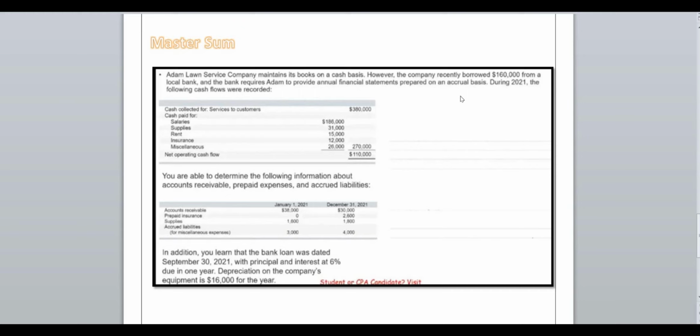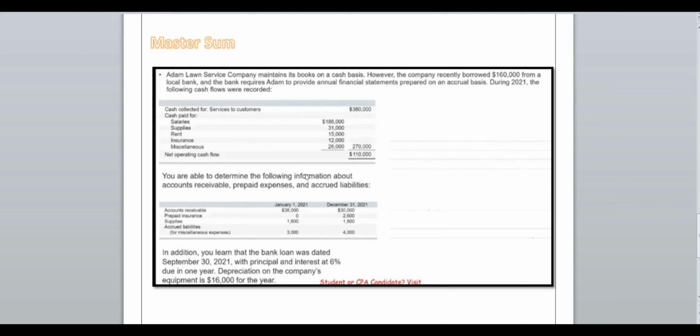During the year 2021, the following cash flows were recorded. Cash collection was 3,80,000. Cash paid: salary, supplies, rent, insurance, miscellaneous, and deducting all the cash paid from cash collection, we have net operating cash flows.